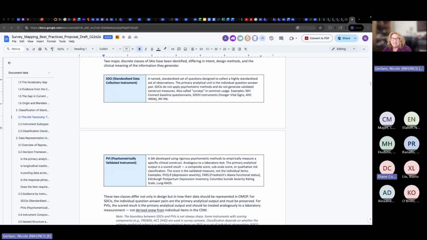Yeah, thanks, Diane. And then Piper? So Nicole, I was just going to comment on the metadata table. I don't know that we want or need an additional metadata table, because I think that's what the vocabulary tables are. Through the vocabulary tables, we can already represent assessments and surveys.